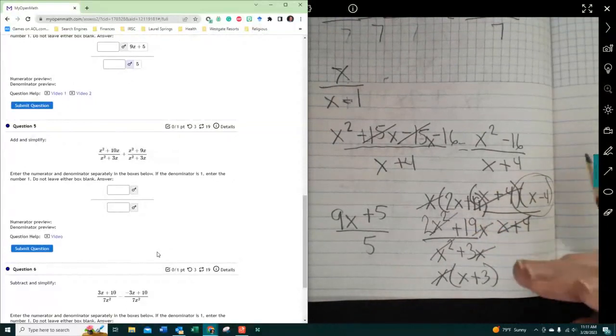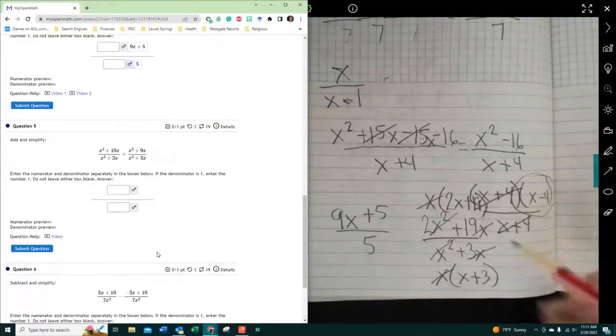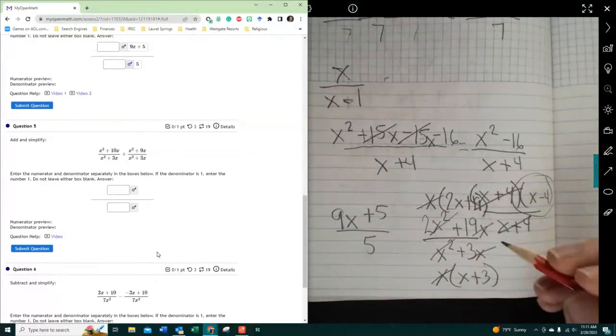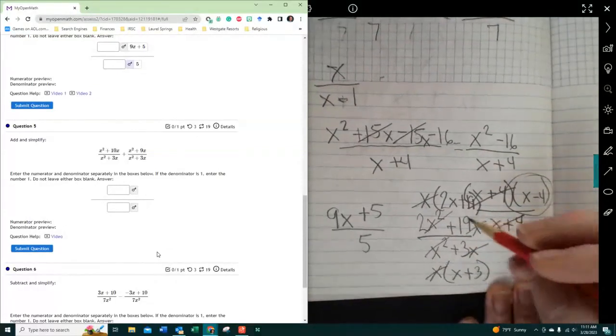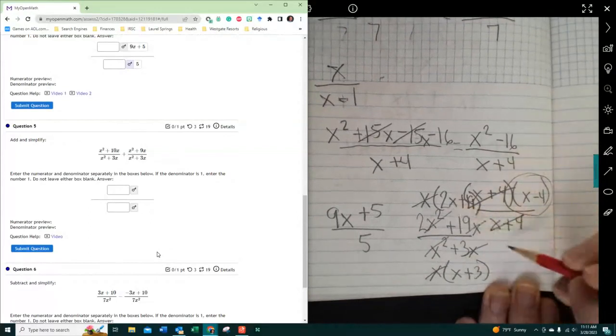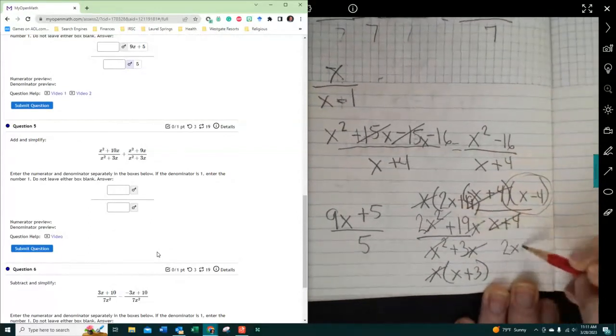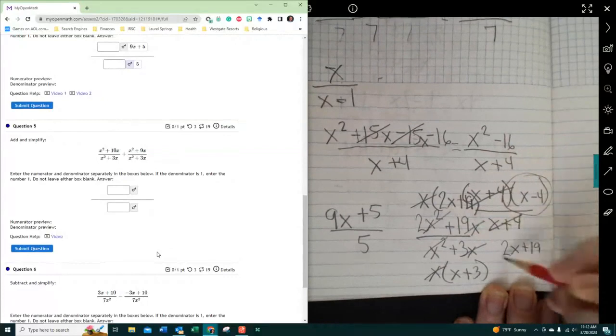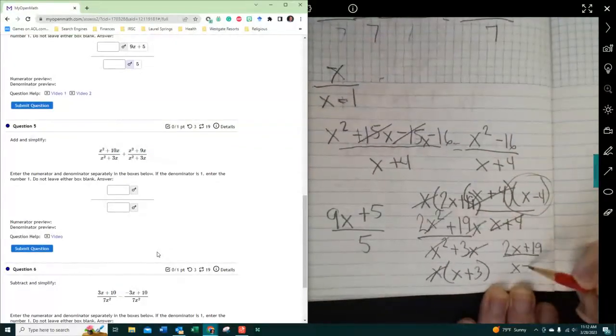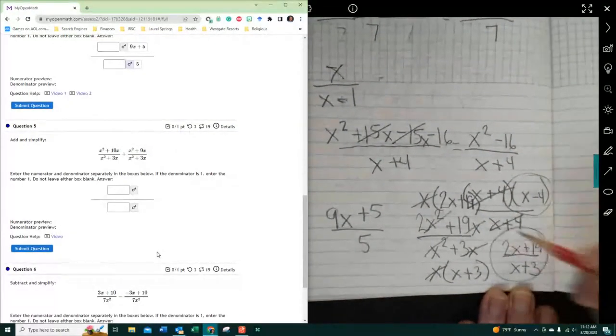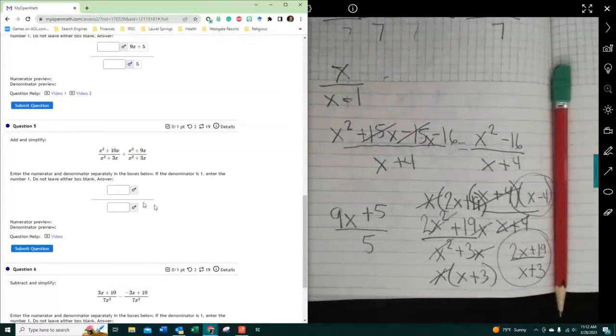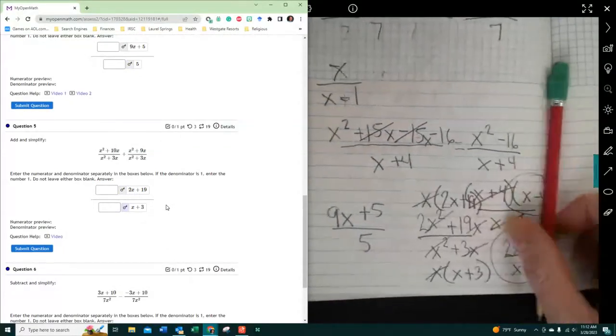I see people doing this kind of stuff, and it's ridiculous, and I don't know why, because they haven't been taught or they just left things to their own assumptions, and it's wrong math. So we have 2x plus 19 over x plus 3. That is the answer we're looking for. All right, even though I ran into the other problem.